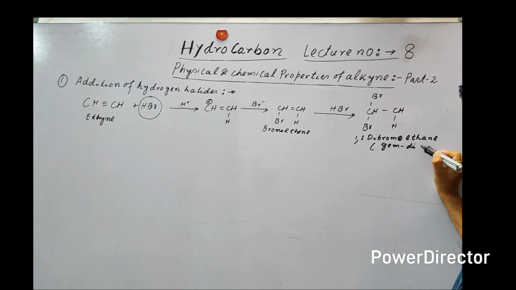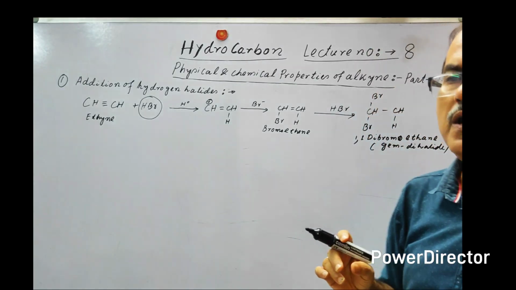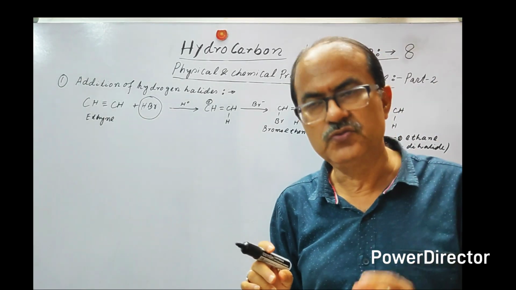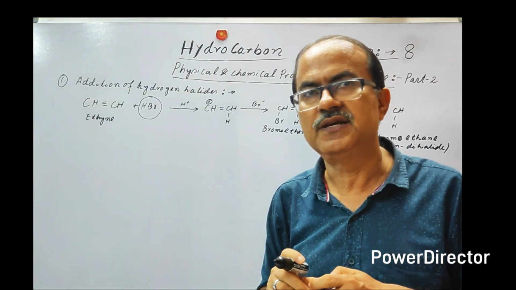There are two types when more than one halogen has been attached to the alkane.